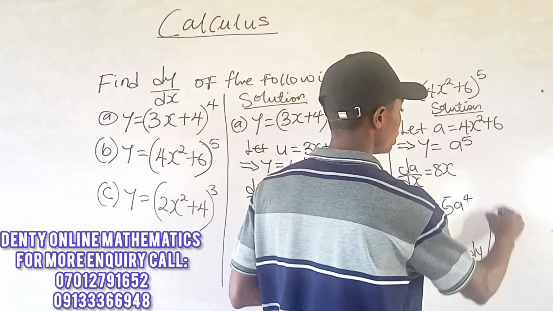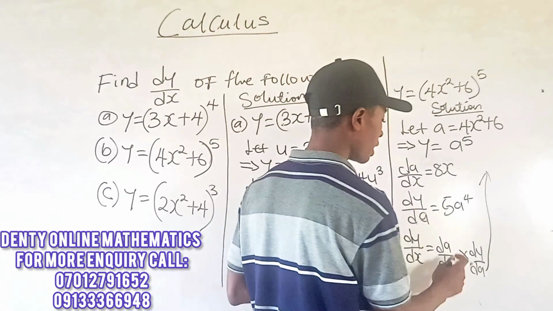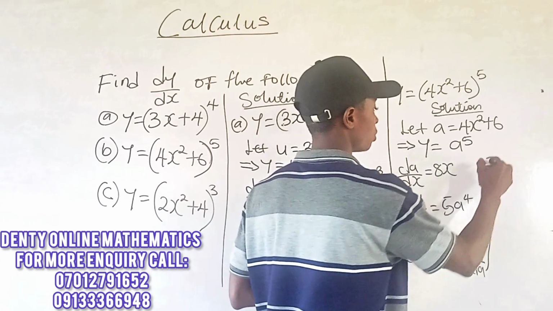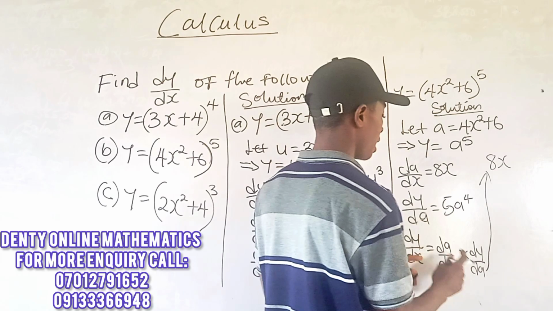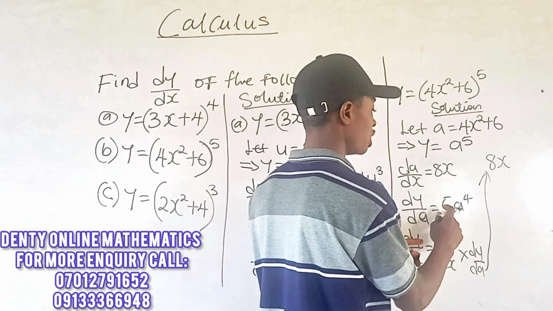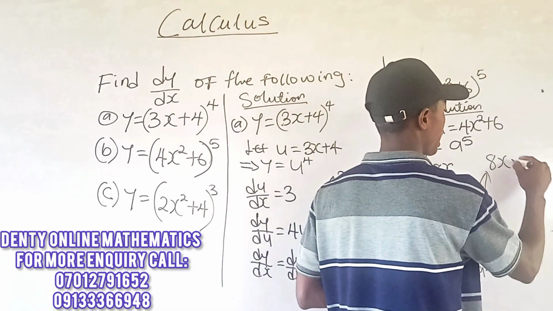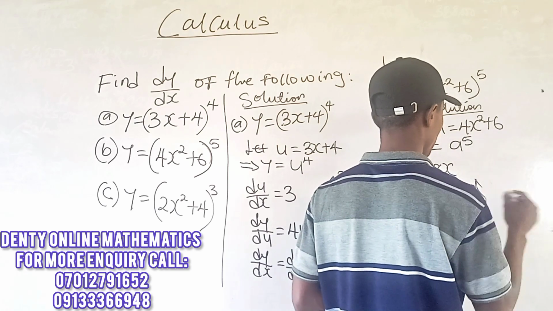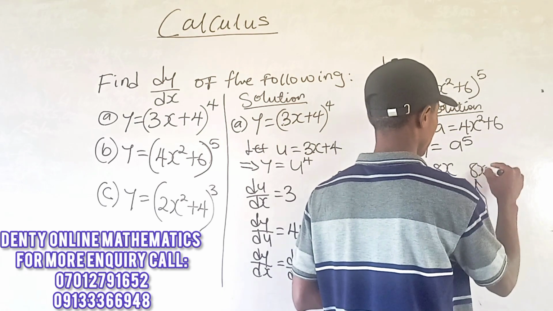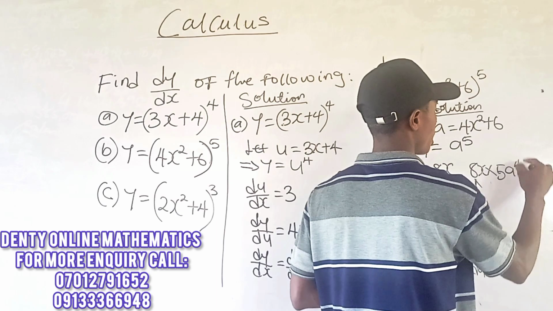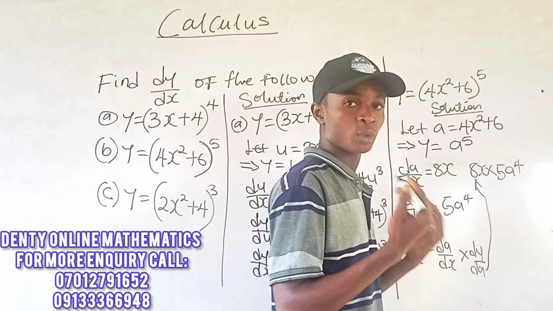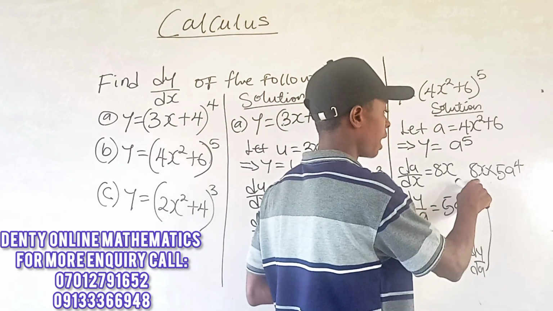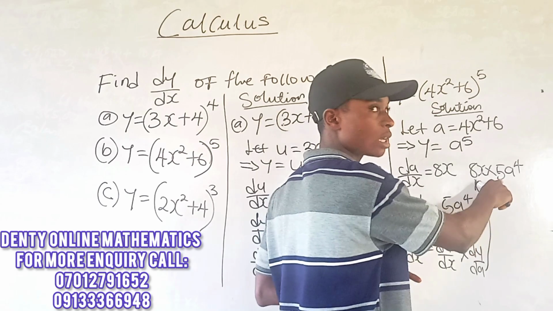Now bringing all of this up, our da/dx is 8x, and then our dy/da is 5a power 4. So we can say 8x times 5a power 4. Hope you get what I'm doing. Now we are going to multiply 8 times 5.